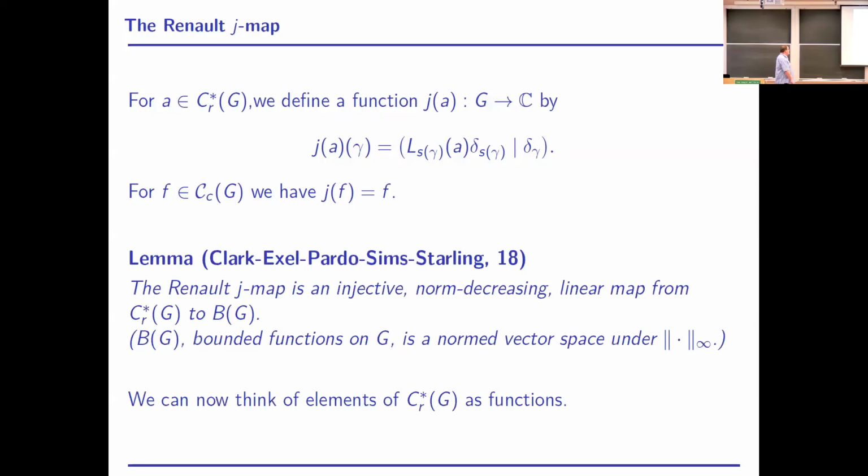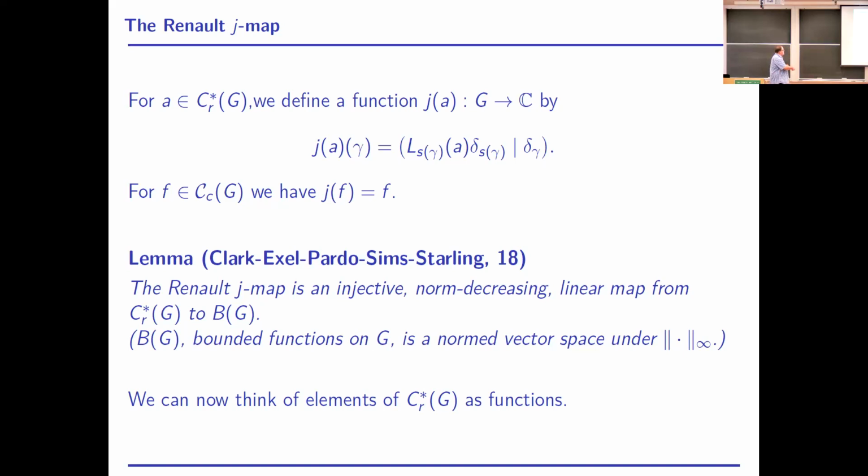And Clark, Exel, Pardo, Sims, and Starling proved this is an injective, norm-decreasing linear map from C*_r(G) to the bounded functions on G, which is a normed vector space under the supremum norm.